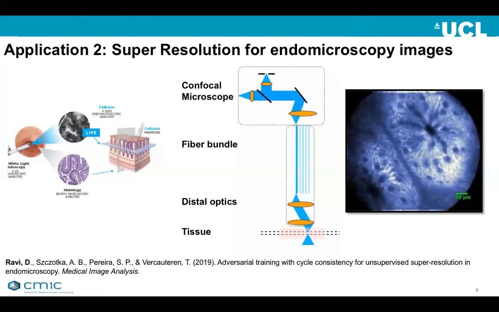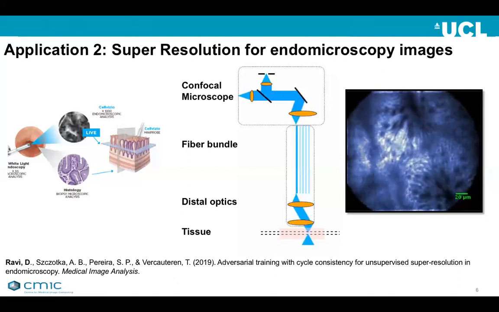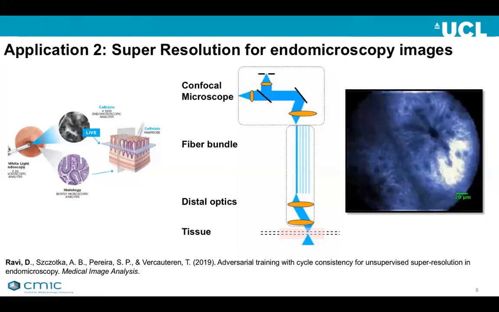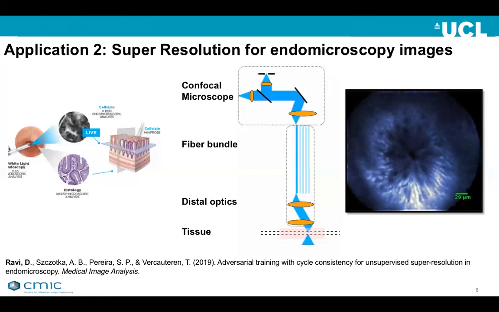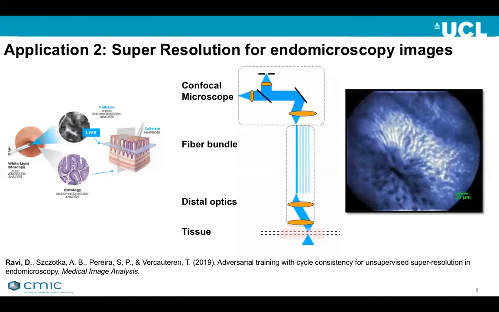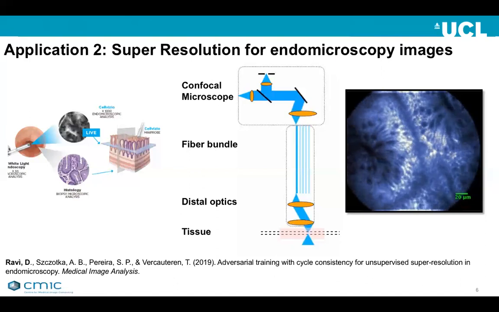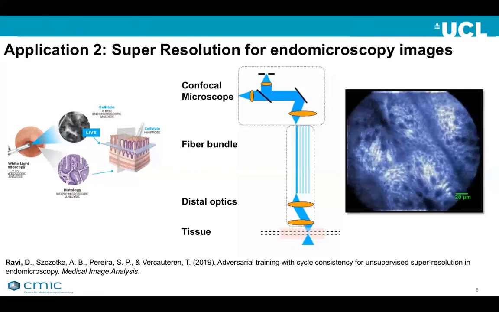Here the images are called histologic-like images because they are similar to histologic results, and therefore they can help doctors and surgeons to provide real-time diagnosis for possible cancer.